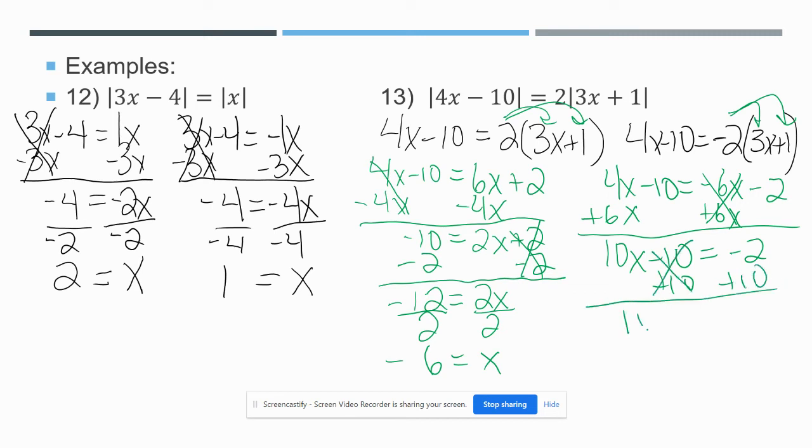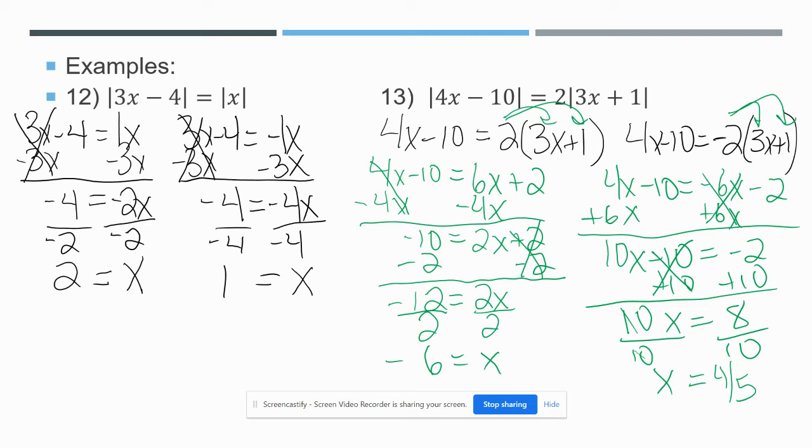That adds to 0, so we have 10x is equal to 8. Divide both sides by 10. That reduces to 1x. 8, I can't divide 8 by 10 evenly, but I can reduce that fraction to 4/5. So our two solutions would be negative 6 and positive 4/5.